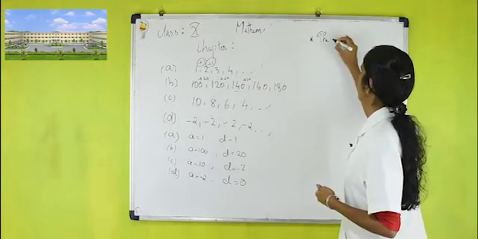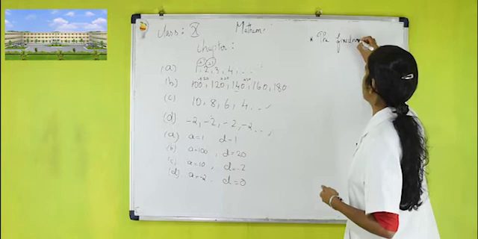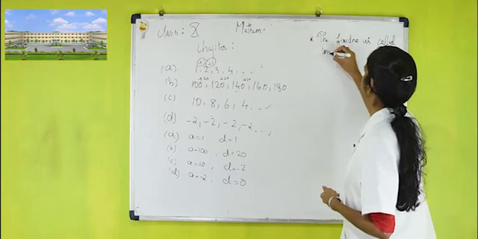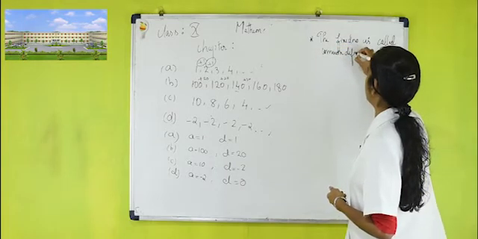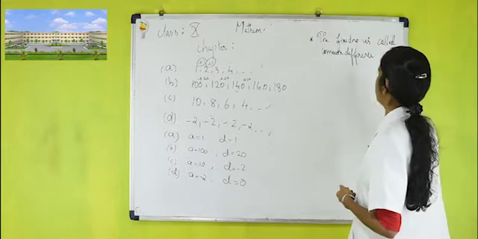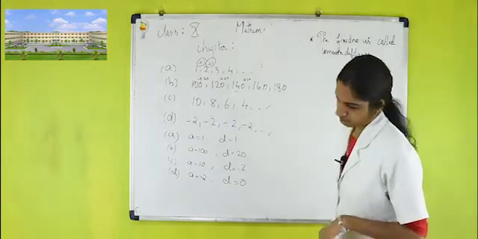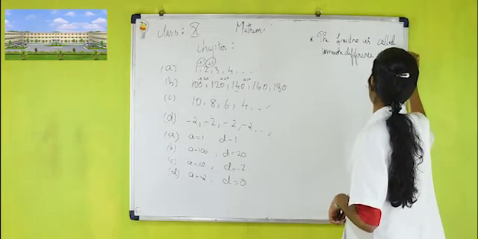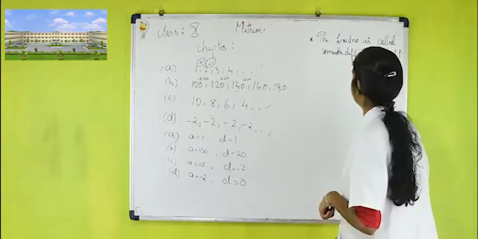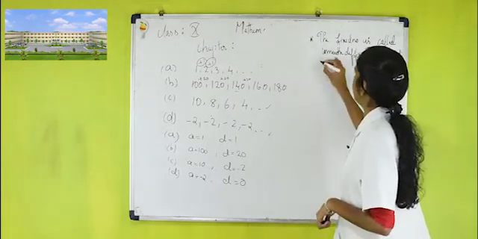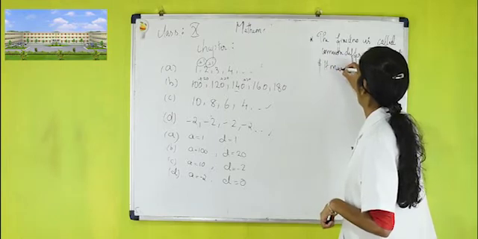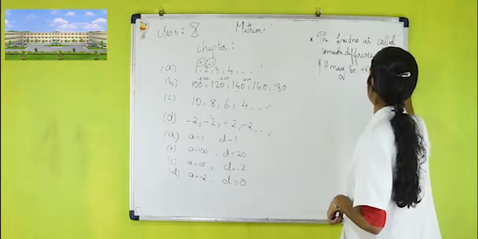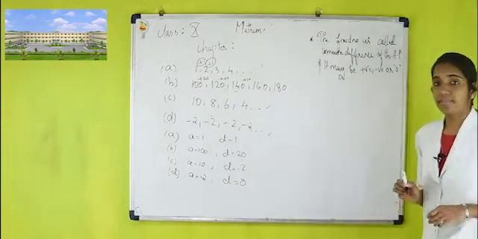The fixed number is called the common difference of the arithmetic progression, and it may be positive, negative or 0.